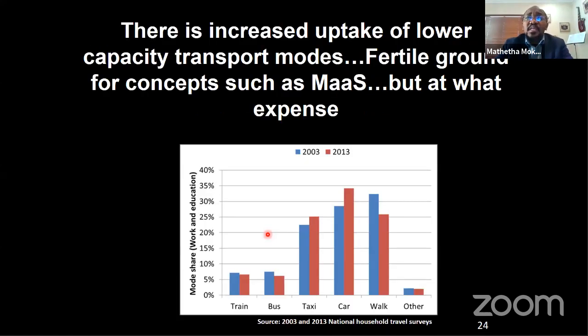And what we see, of course, with the household surveys that have been carried out in South Africa, is that in mode share, for public transport, trains and buses, it's the lower capacity modes, the taxis and cars, that are gaining more and more patronage. They're absorbing more demand.